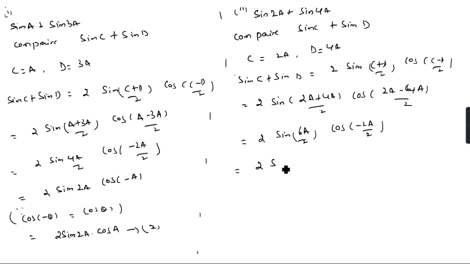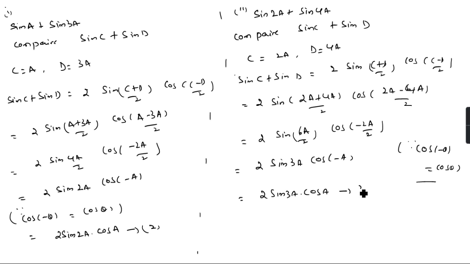So we get that 2 sin 3A and cos of minus A. We know that cos of minus theta is nothing but cos theta. So we get that 2 sin 3A cos A. Taken as 3.